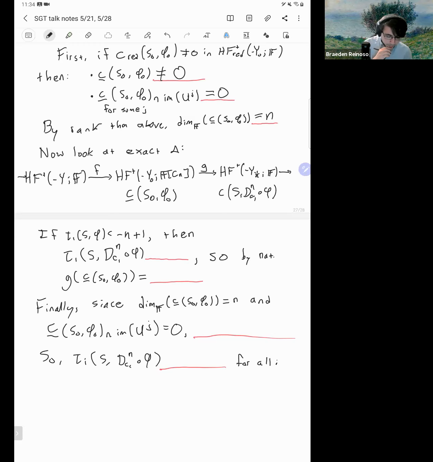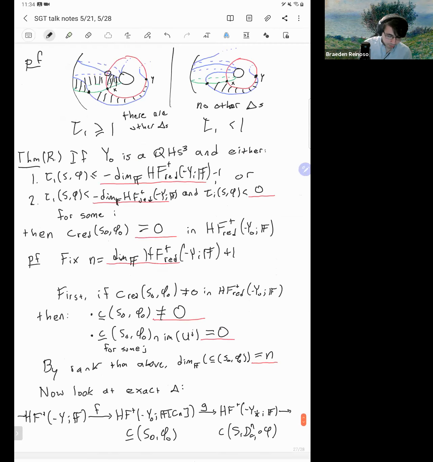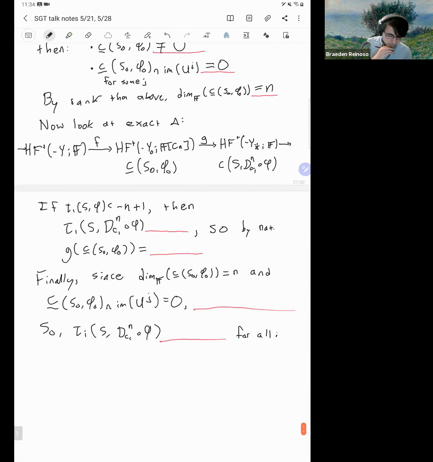So now, if we have, say, for example, in either of the two cases, 1 or 2, where n is this dimension, if we have that our first Dehn twist coefficient is less than minus n plus 1, then we surely have that the fractional Dehn twist coefficient where we add n Dehn twists along the boundary component should be less than 1.